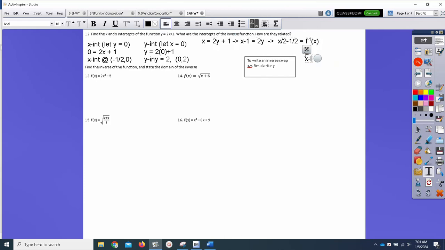Now I'm going to find the x-intercept again with the same thing as I did earlier. I'm going to let y equal 0. So 0 equals x over 2 minus 1/2. Shift my half to the right. Double both sides. And x is 1. I was expecting something different.